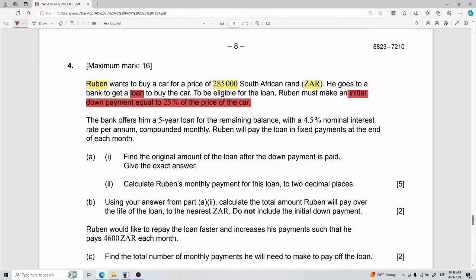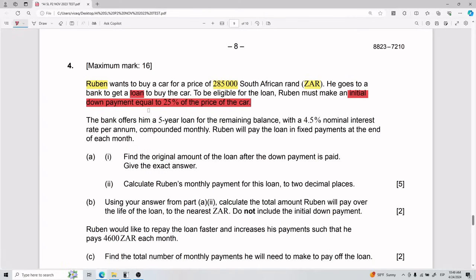How the percents actually work, how they calculate them, is a mystery, I don't know too much about it. But the idea is you have to pay some of it up front. That is what they mean by initial down payment: you have to pay a little bit right away. In this case, Ruben has to pay 25% of it right away.